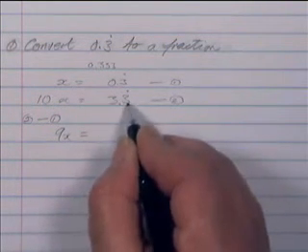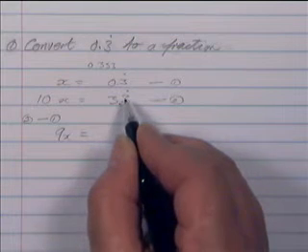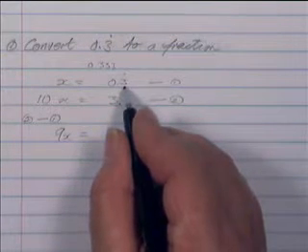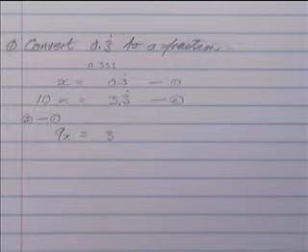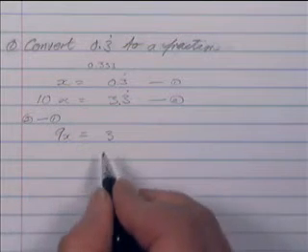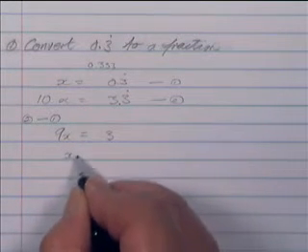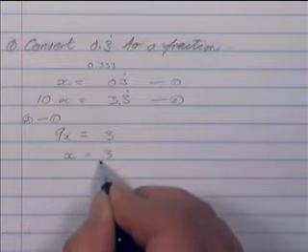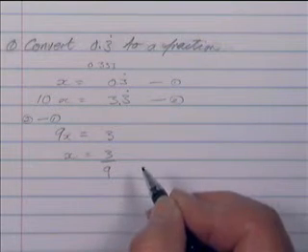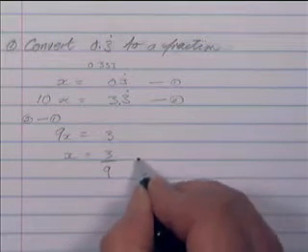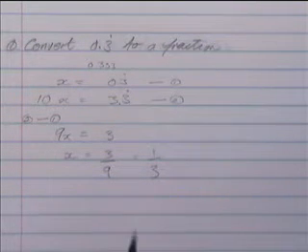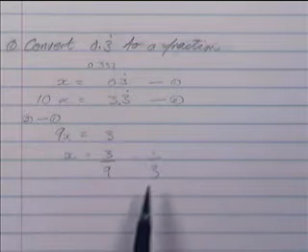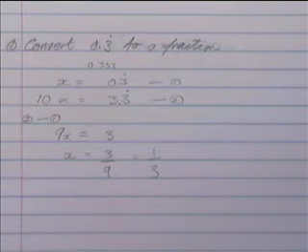That's equal to 3.3 recurring minus 0.3 recurring, that gives me 3. Now dividing through by 9 to give me x by itself, so it's x equals 3 over 9. And of course that cancels down to 1 over 3, which gives you the result, of course, that you already know, that 0.3 recurring is 1/3.